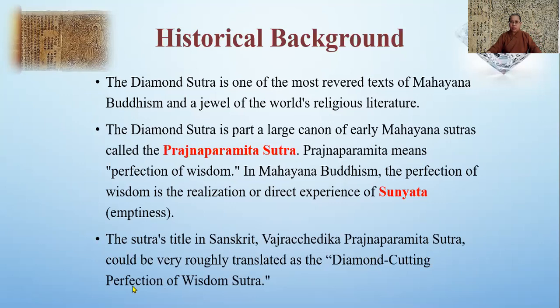This is the historical background of the Diamond Sutra. If somebody asks you where the Diamond Sutra comes from, you can say it's part of the big canon of early Mahayana sutras called the Prajna Paramita Sutra. It is a Mahayana Buddhist text. If somebody asks you about Theravada, that is a different question.